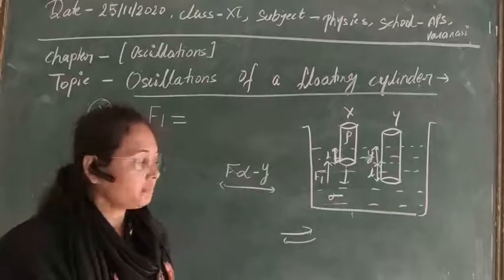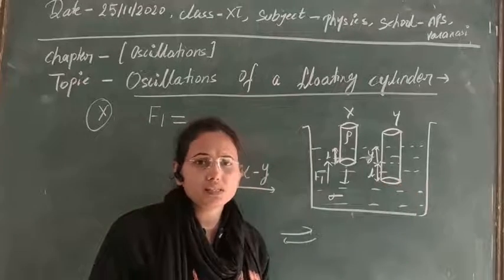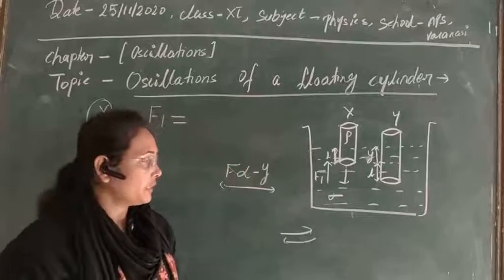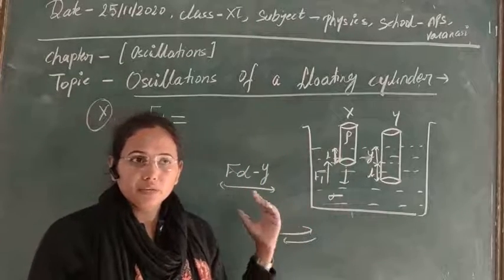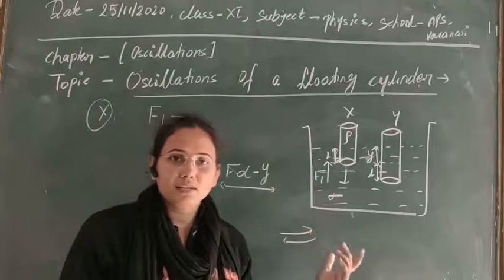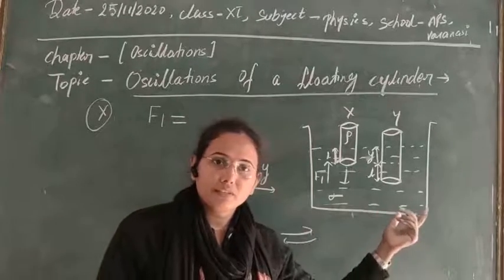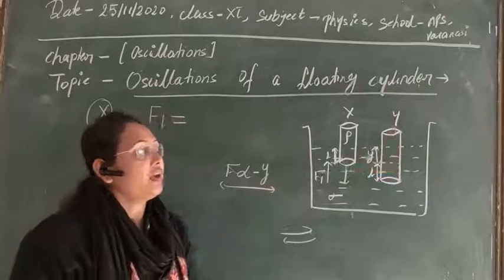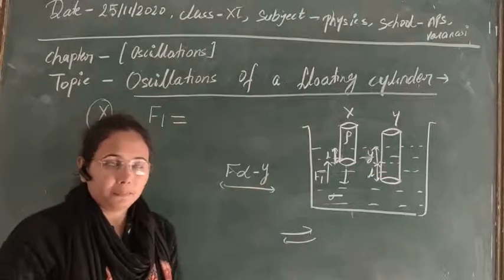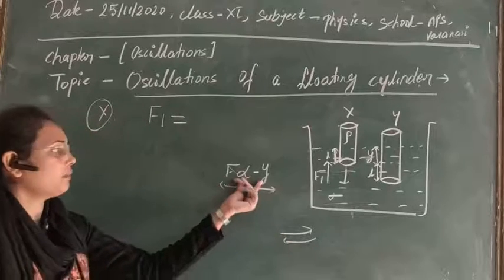Now if it is performing simple harmonic oscillation, then definitely it will have some time period of oscillations. To calculate the time period, we have the formula T is equal to 2 pi root of inertia factor upon spring factor. The inertia factor is the mass of the liquid that is displaced from here, and also the mass of the floating cylinder, and the spring factor can be calculated with the help of this formula.